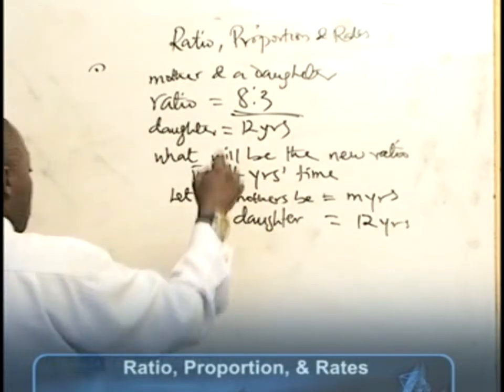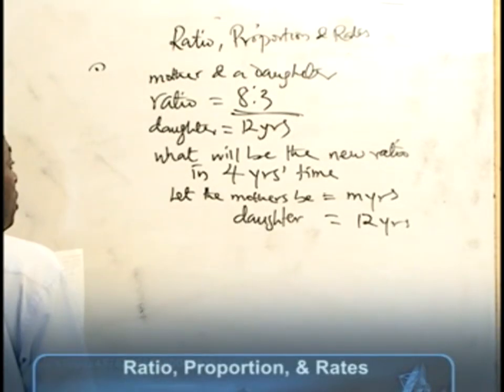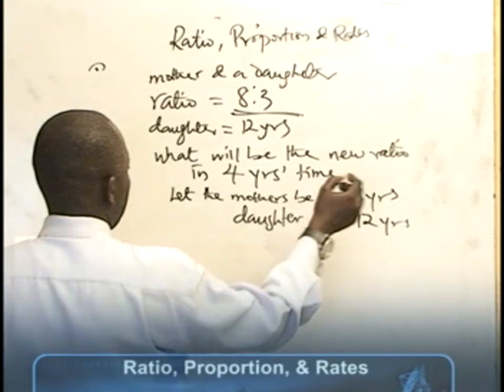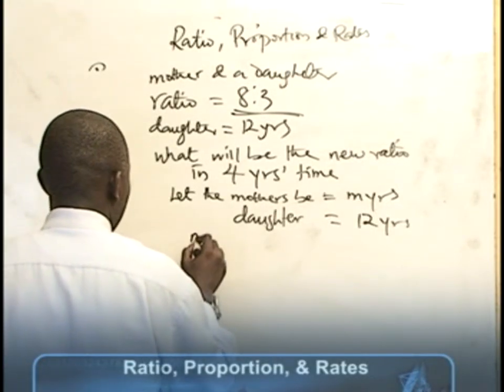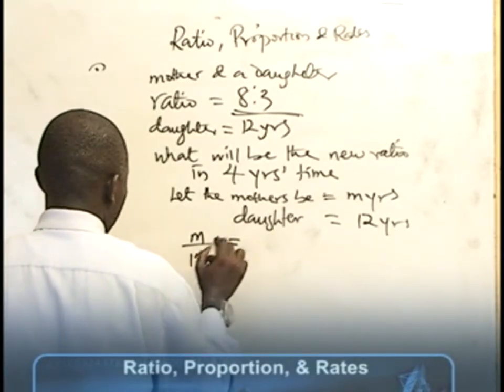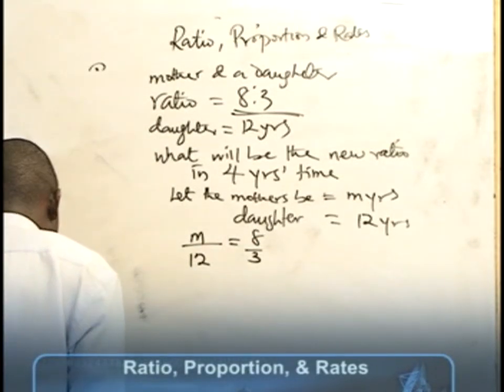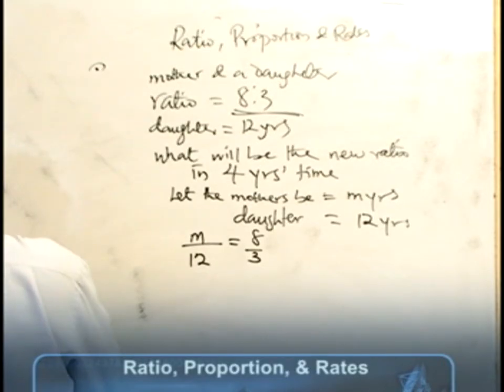They said currently the age of the daughter is 12. It therefore means that if you divide the age of the mother by the age of the daughter, which is 12, the ratio you will get is 8 over 3.